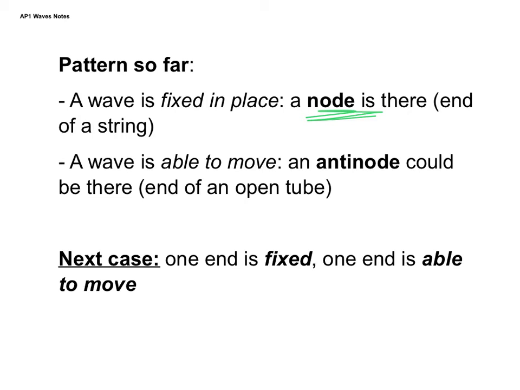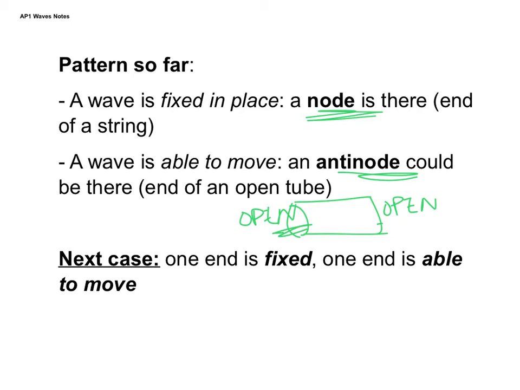But a wave is able to move or oscillate if there's an antinode at the end. So in a tube, we have a column of air at the end. This is open, and this is open. And when we generate a standing wave, we get our maximum oscillation. We get an antinode at the ends of those tubes.